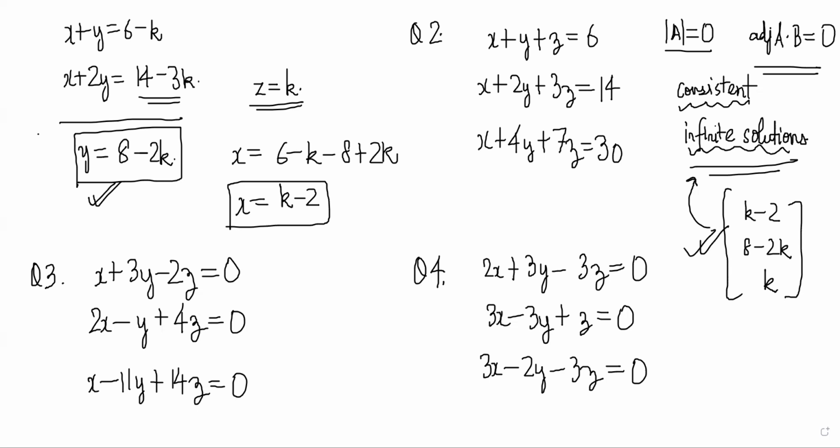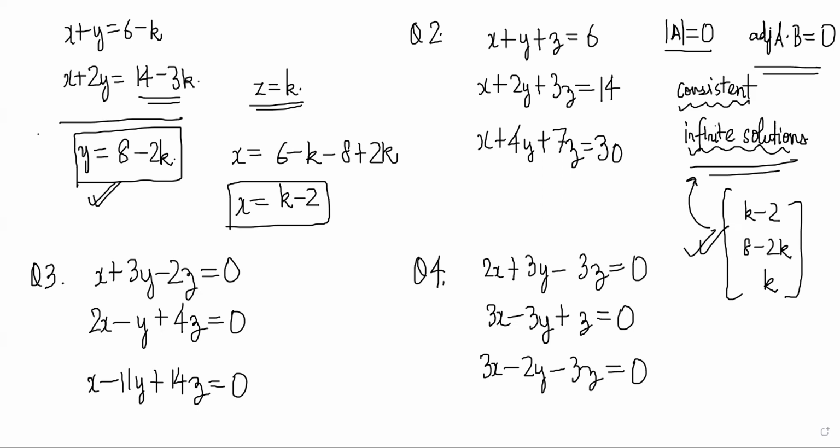Why is it infinite solutions? Third one. Because adjoint of A into B is 0. And the third one is a homogeneous system, and det of A is also 0. In that, you don't have to calculate adjoint of A into B is 0 for the third one. Why are you doing unnecessary work?